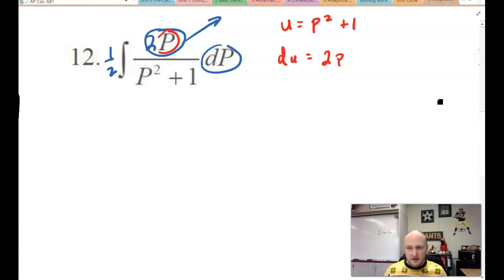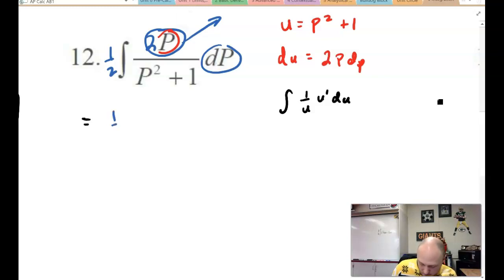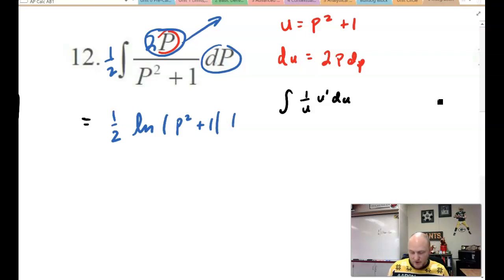That's going to go away, and we're essentially integrating the function 1 over u, with our u prime du. Okay, I guess I should add here 2p dp. So this is equal to 1/2 natural log of the absolute value of our denominator, p squared plus 1, and then we add in our constant.